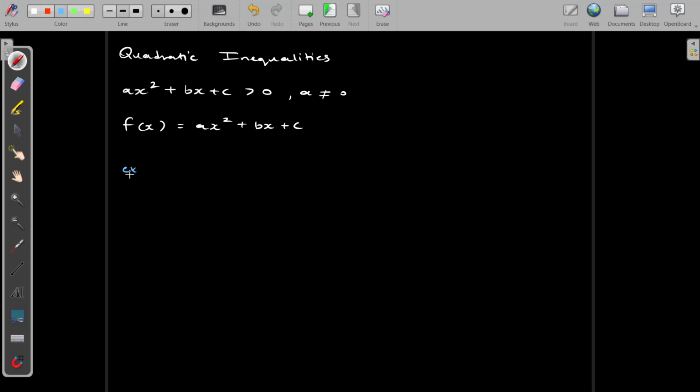So an example, find the range of values of x for which x squared minus 3x plus 2 is less than 0.